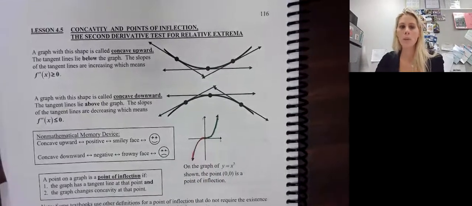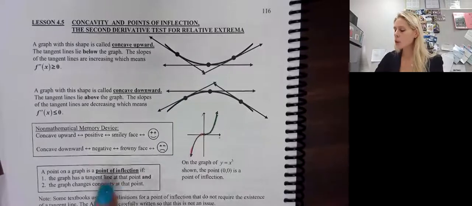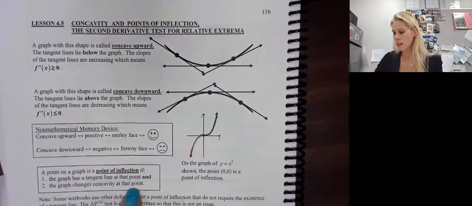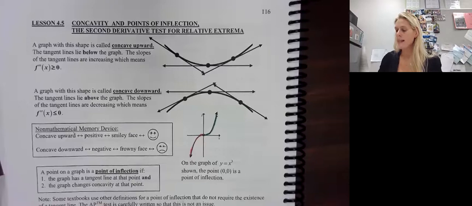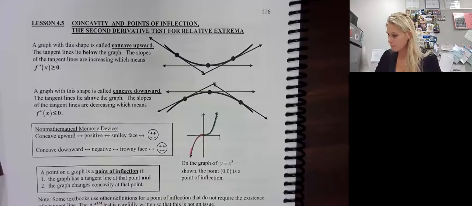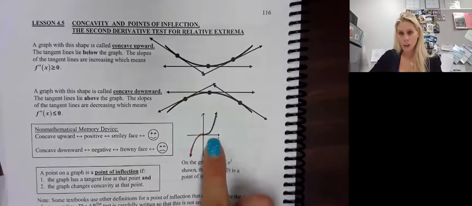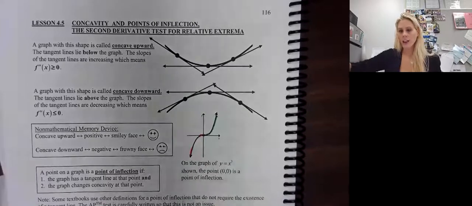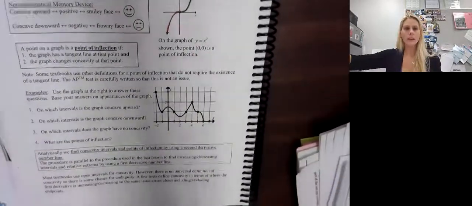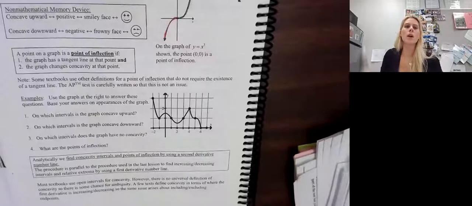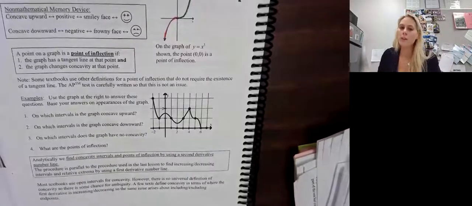Now this point, where the concavity switches, is what we call the point of inflection. So it changes the concavity at that point, okay? And there is a tangent line there. So change of concavity is points of inflection. Now, some textbooks use other definitions for the point of inflection.